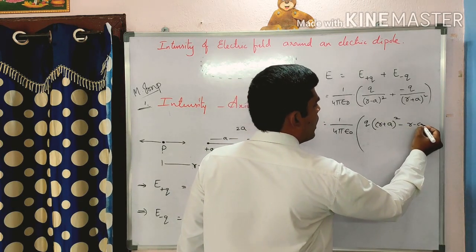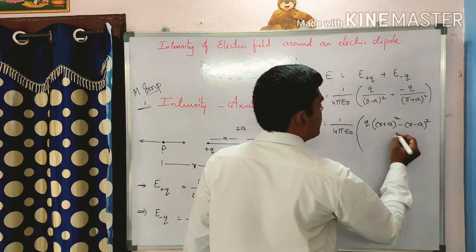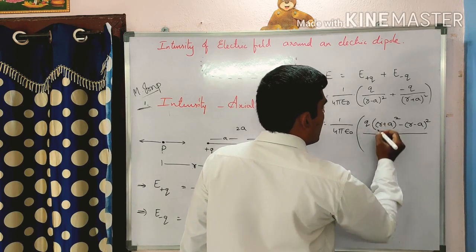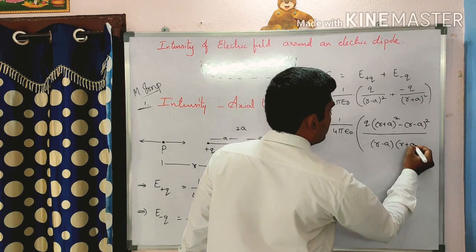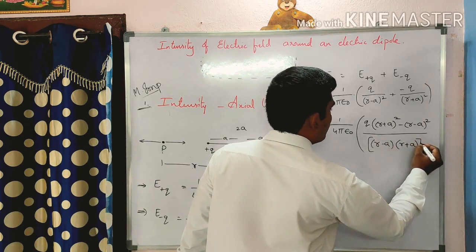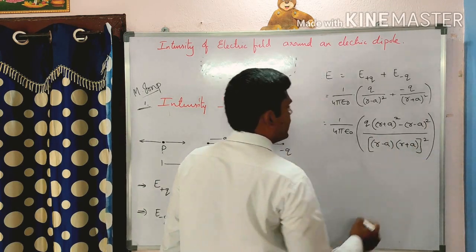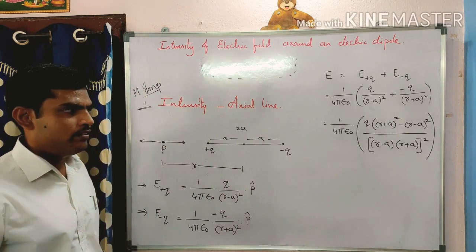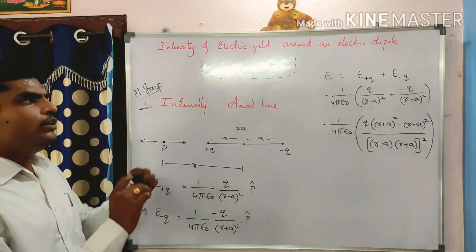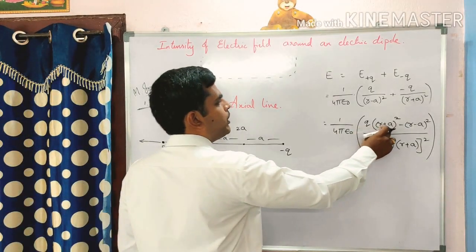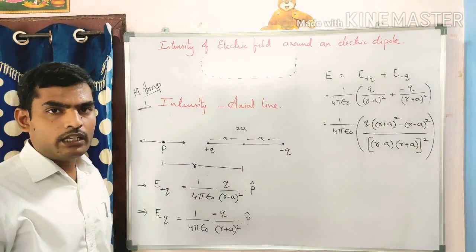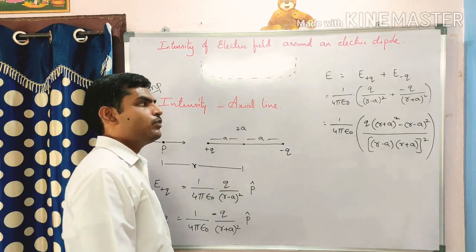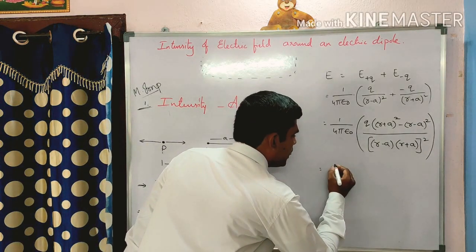Cross multiplying by (R minus a) into (R plus a) whole square. We can write this directly, but for our understanding I am writing it out. If you understand it, you can write directly from here: (A plus B) whole square minus (A minus B) whole square is 4AB.